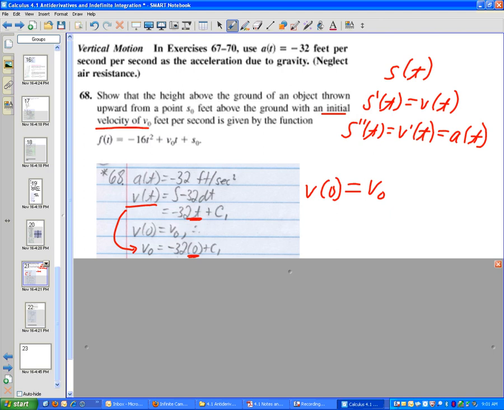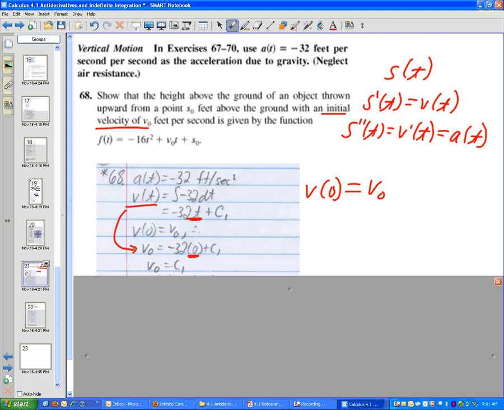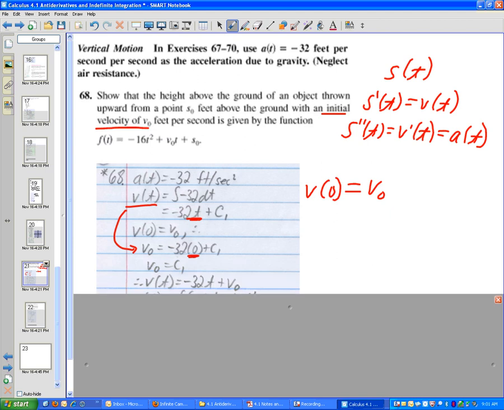So replace v of t with what it's supposed to equal when t equals 0, v0, and then replace t with 0. Well, negative 32 times 0 is 0. That means that c1 can be replaced by v0, which means the particular solution of the velocity is this.